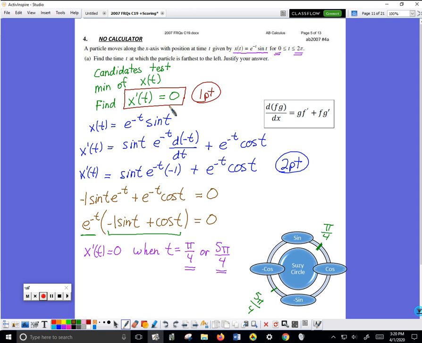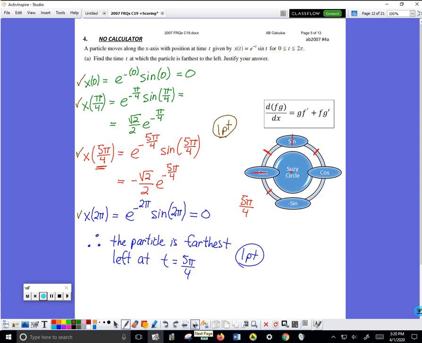You earned 2 more points for figuring out the formula for x prime. Then this work here was required because you had to find these 2 candidates so that you could then perform the candidates test. You didn't get a point for that, but you had to do it because otherwise you couldn't do this test, which was worth 1 more point, and then the correct conclusion is worth the 5th point for part 4a.